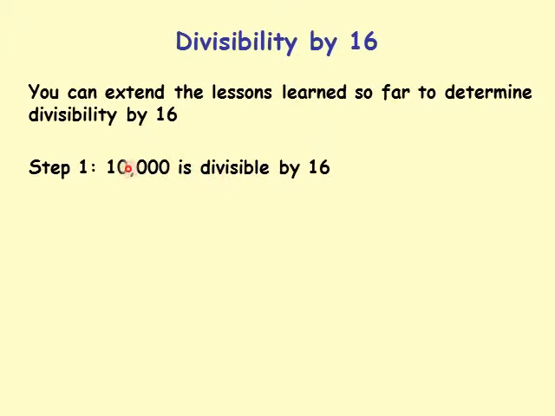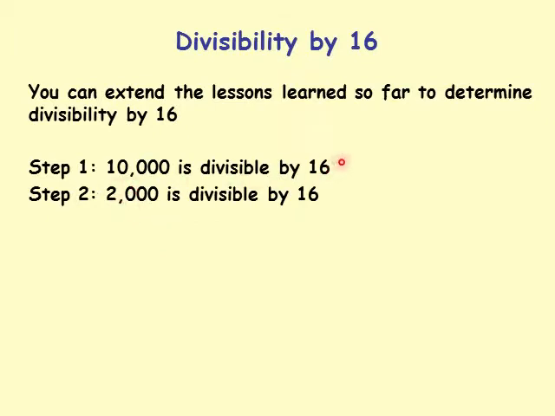Then we have to worry about whether the remainder is divisible by 16. After we've taken all the 10,000s, we take out all the 2,000s we can, and what is left is the remainder of dividing by 2,000.